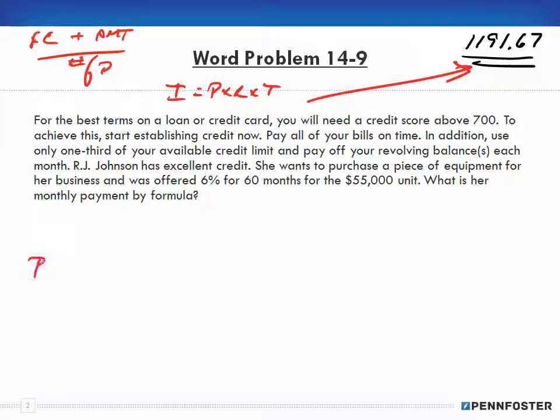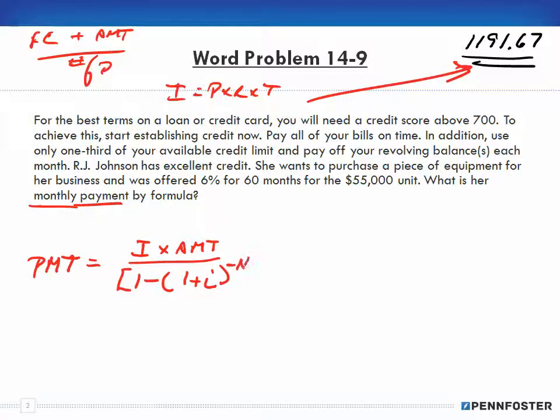That formula for the payment, because we're looking for a monthly payment, is interest times the amount over 1 minus (1 plus the interest) raised to the minus nth power. I forget which chapter it's in, but that's the actual formula for the payment.